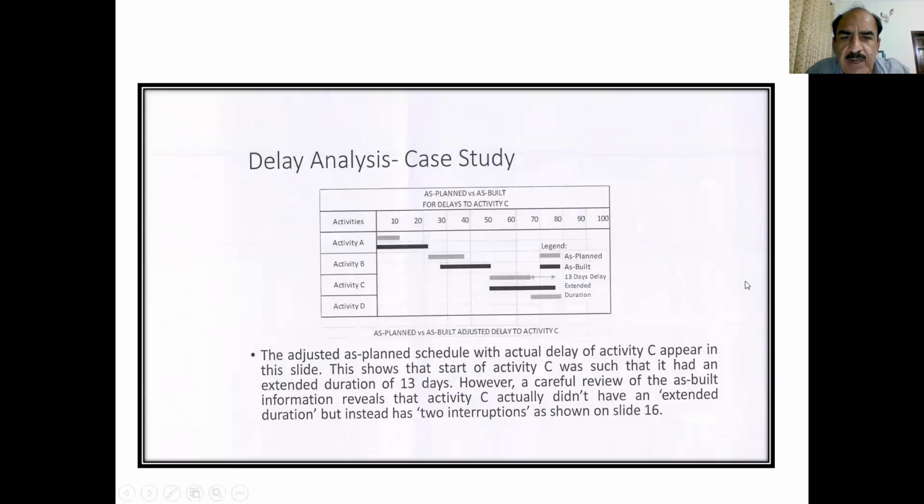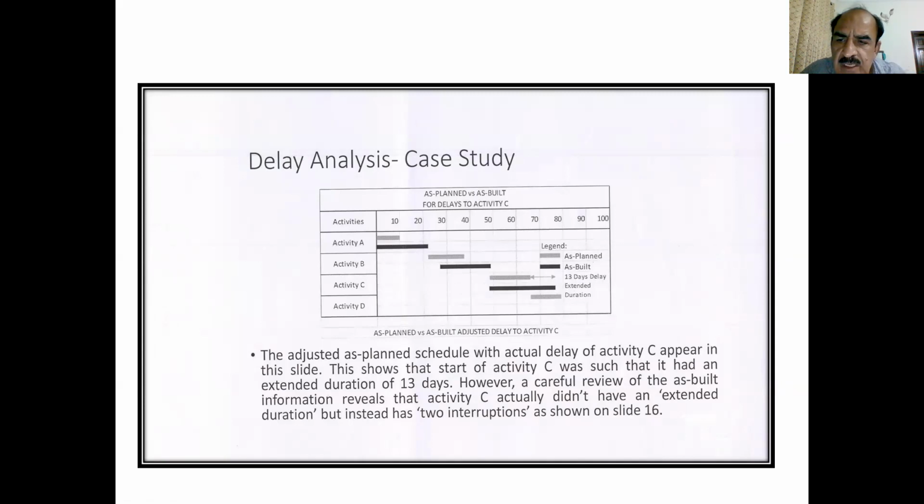So when we went to the analysis of the third activity, it was delayed for 13 days. The adjusted schedule with actual delay of activity C appears in this slide.